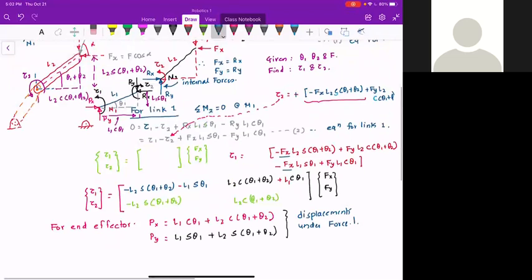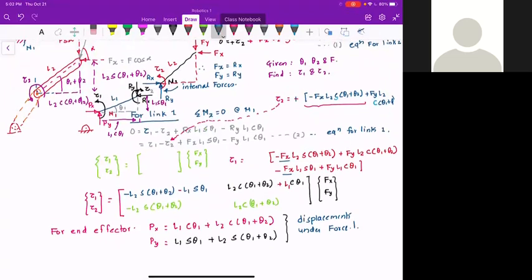I want you to think about this for a minute. We have our end effector and the force is acting on it. We resolve this force into f of y and f of x.